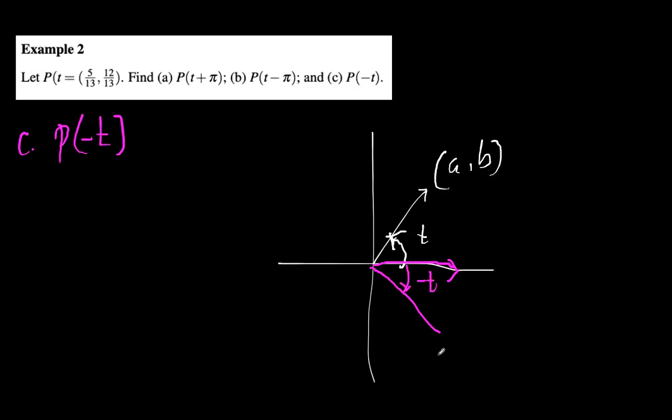Negative T. Ayan. So, what is the point? The point here is A, comma, negative B. Ininegate lang natin si B. Okay? Or si Y. Understood, guys? Hello, guys. Nakuha yon? Okay, good.